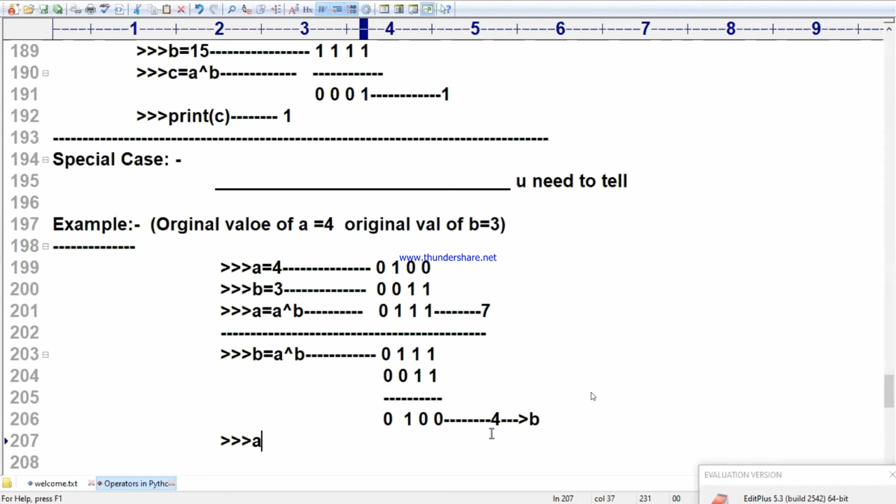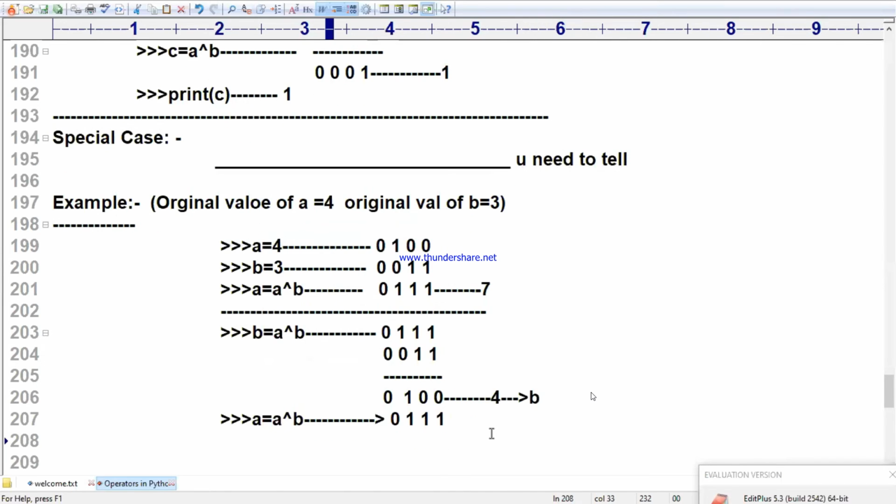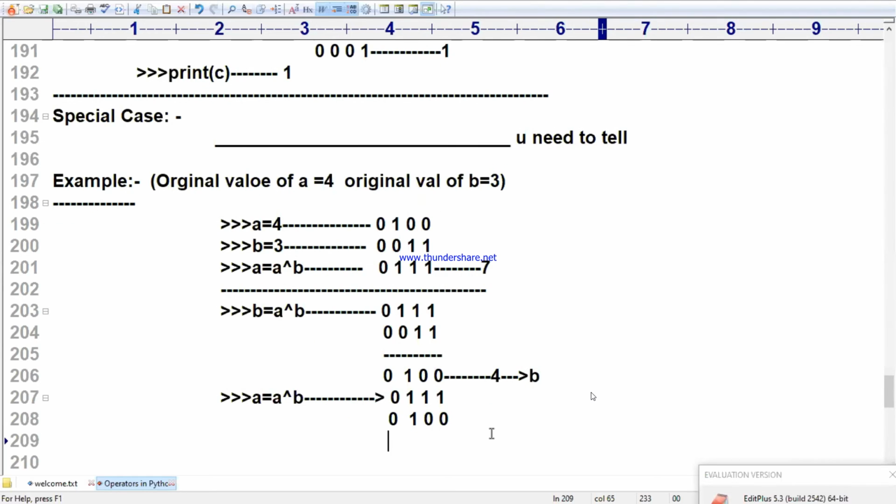Now write A is equal to A cap B once again. The value of A is 0 1 1 1. The value of B is 4, which means 0 1 0 0. The result is 0 0 1 1.